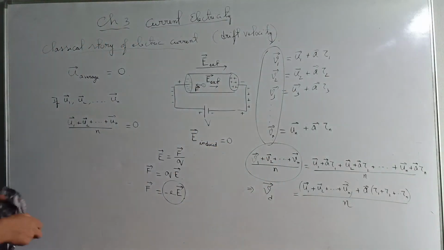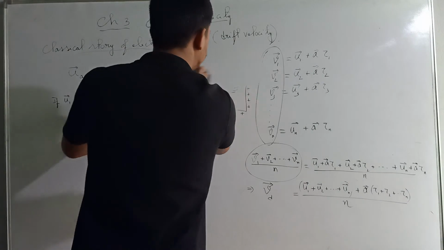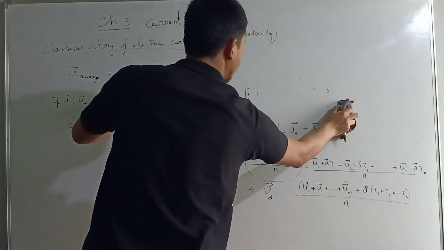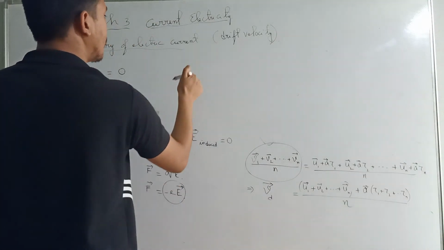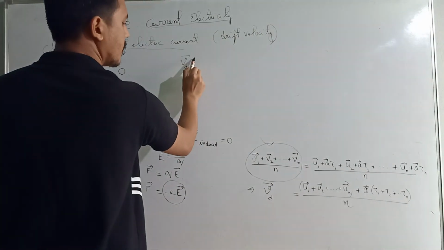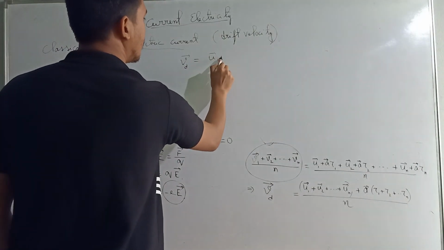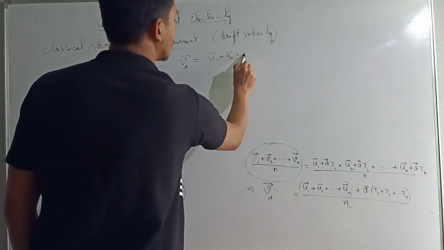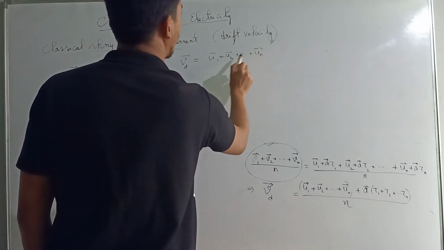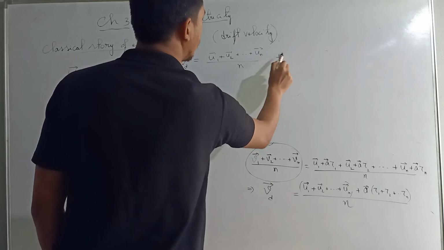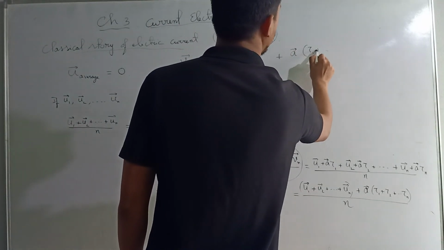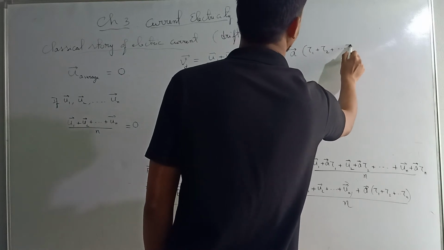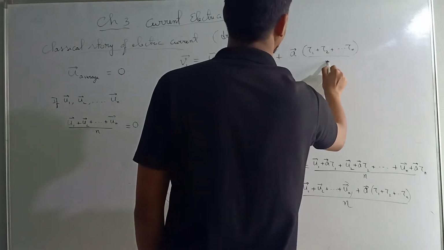Rearranging, we have Vd equal to U1 plus U2 and so on up to Un upon n, plus a times tau 1 plus tau 2 and so on up to tau n upon n.